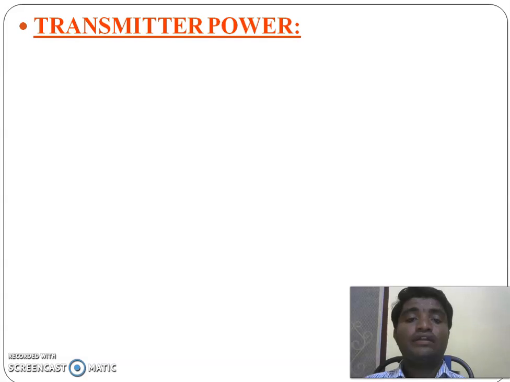And next is transmitter power. Already we know the radar range equation: R max to the power 4 equals Pt G sigma Ae divided by (4 pi) whole squared S minimum.